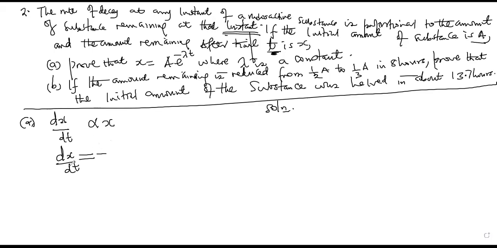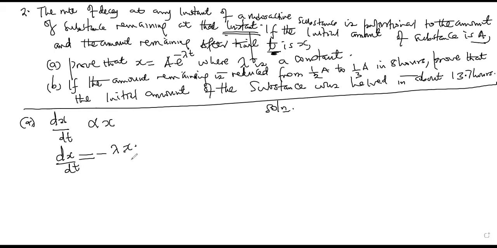The decay constant is lambda, so we shall take lambda now. So it will be dx/dt equals negative lambda x. So don't use your k when they have given you the constant to use. So dx/dt equals negative lambda x.